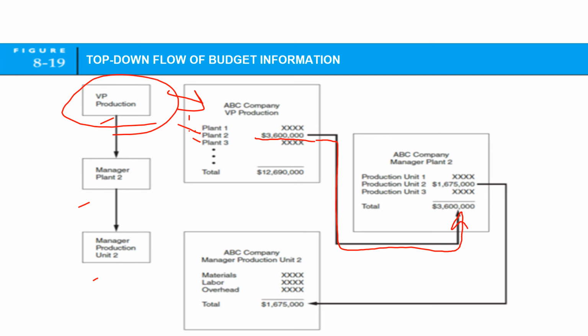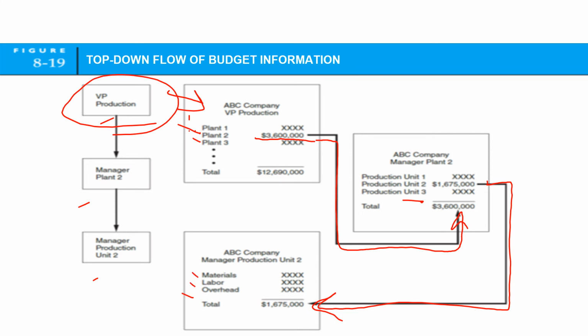In plant 2 they have three types of production units, units 1, 2 and 3, and production unit 2 has a specific manager who will have more details about the management of production of unit 2. For each unit, we will have the information about the materials, labor, and overhead costs.